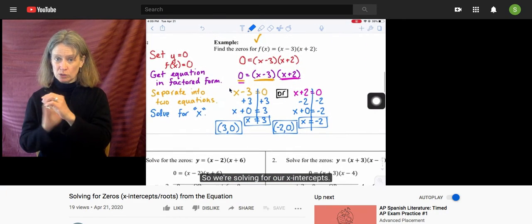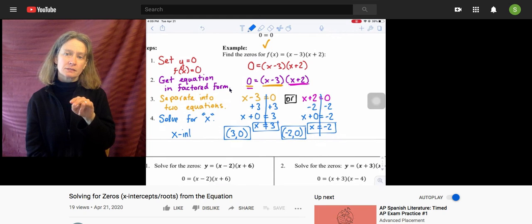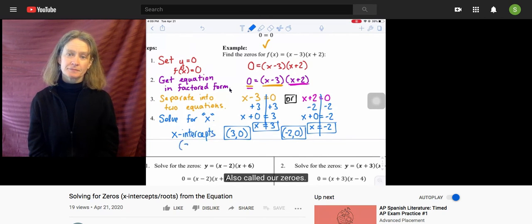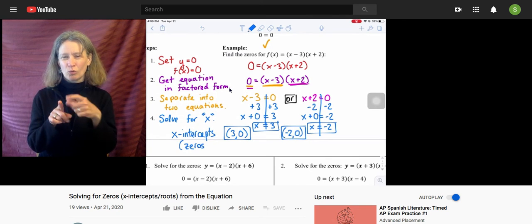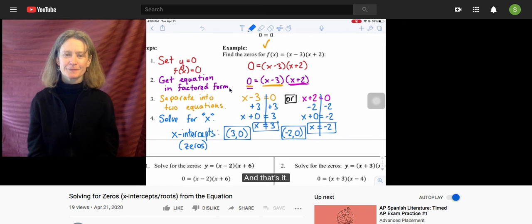So we're solving for our x-intercepts, also called our zeros. And that's it.